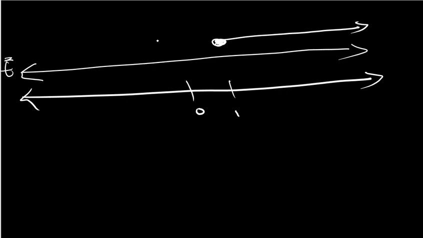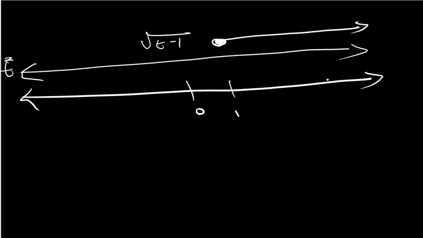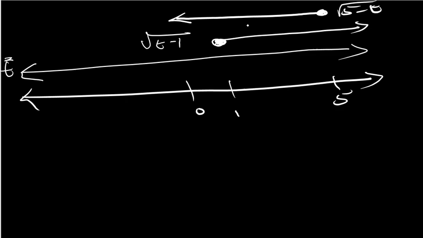Then the last component function is the square root of 5 minus t, and is defined when t is less or equal to 5.